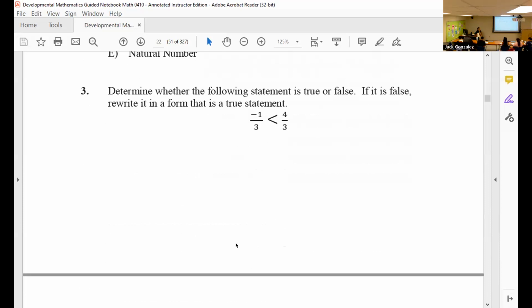Number 3. Yeah. The more negative numbers are always smaller than positive. And if it's very negative, then that's very small. That's how we should think about it. So here, obviously, negative is always less than positive, so it has to be true.